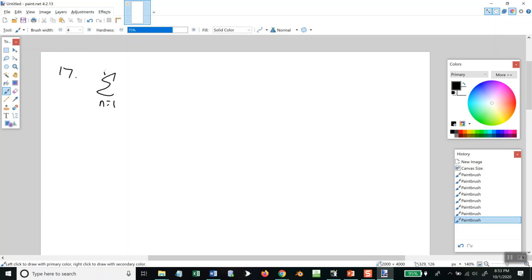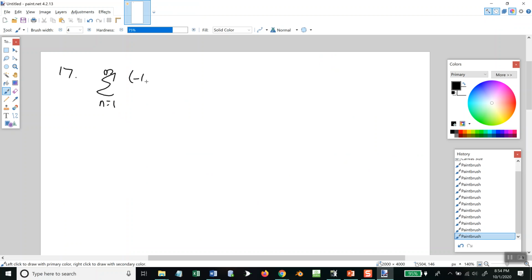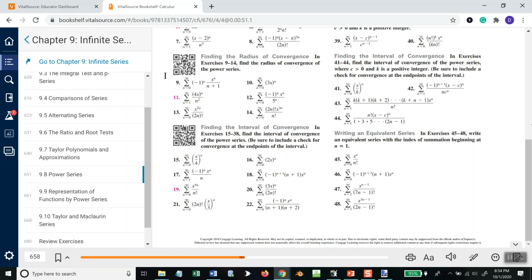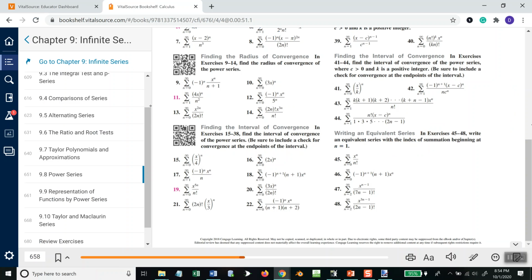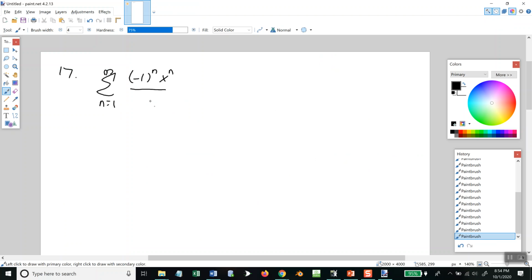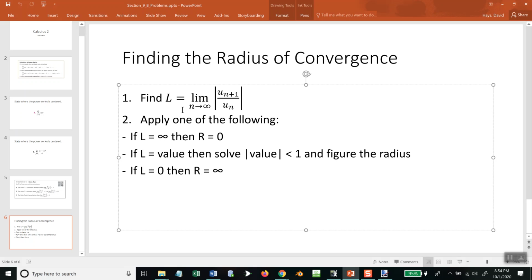The series is the summation from n equals 1 to infinity of negative 1 to the n power, x to the n over n. Now again, we're back to these right here, so we need to find this limit.